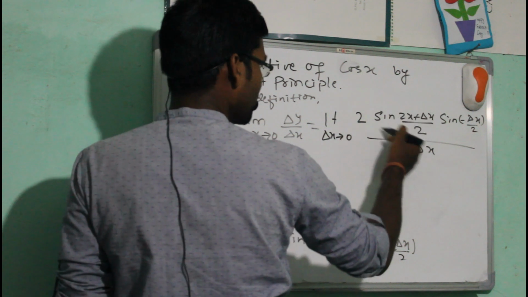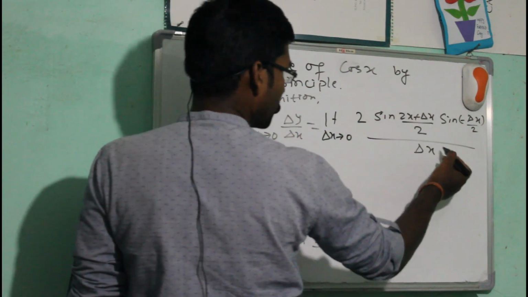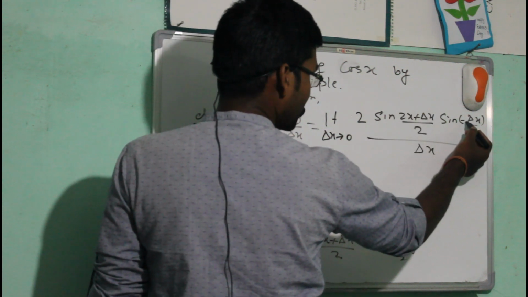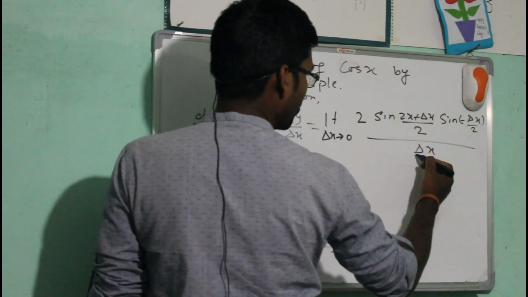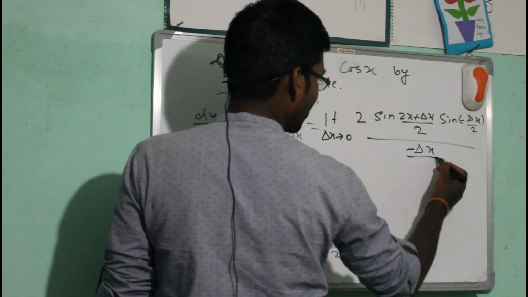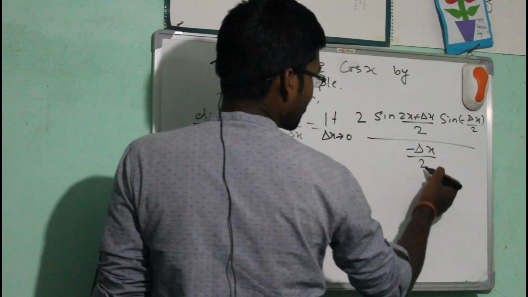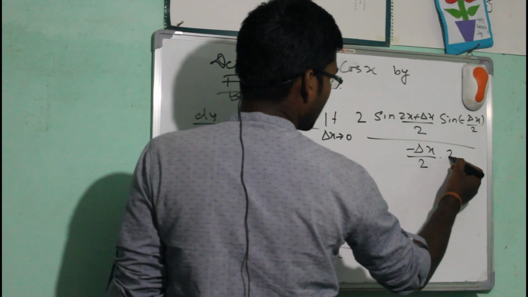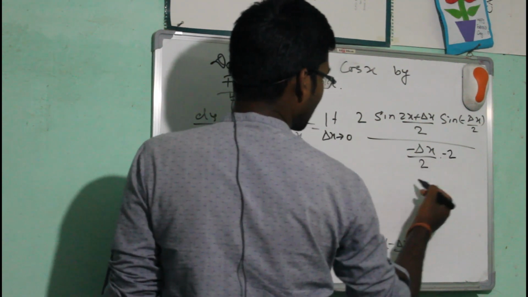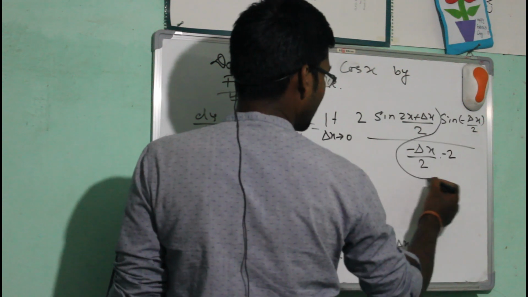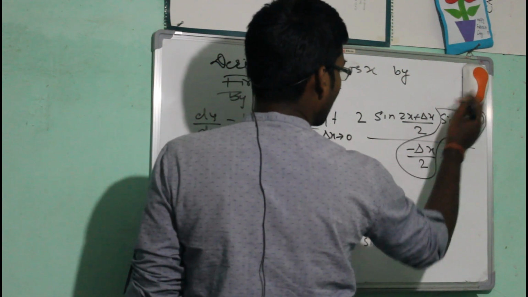Now this is not going to give 0, so we'll not change this now, but this will give 0 by 0, that is indeterminate form. So just to balance this, right here, minus delta x by 2 into minus 2, so that we can use this as 1.